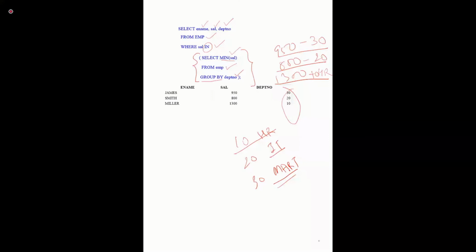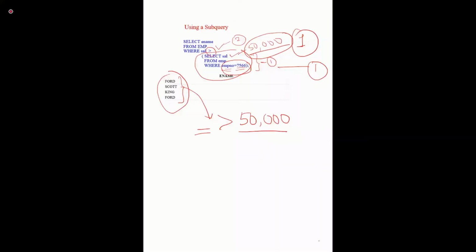So which scenario have we discussed? The first scenario is the simple one. It is about salary: we have a particular employee number, and using that employee number we found the salary of that employee, and this salary is compared with the other employees' salaries. By comparing, what is the result?